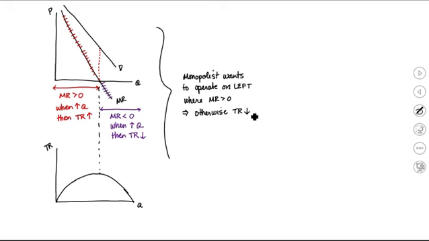So let's move on then to talk about how a firm sets its output and price. All right. So how does a firm set output and price? Okay. So how does the firm set output? How does it set price?